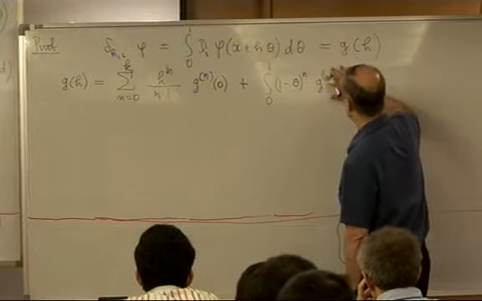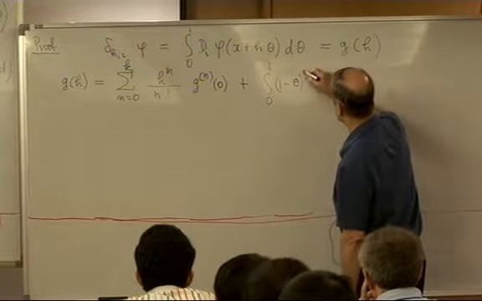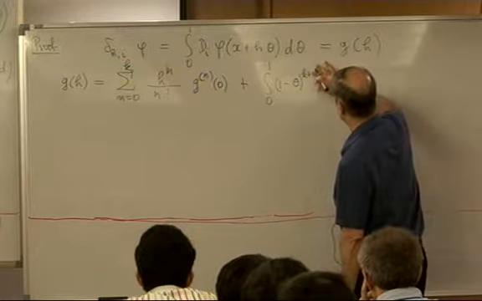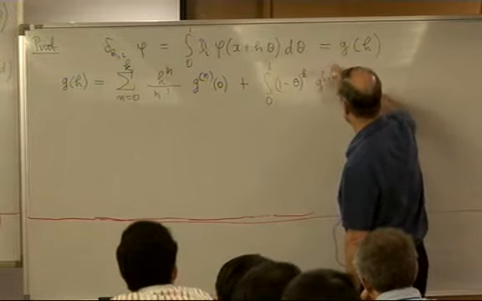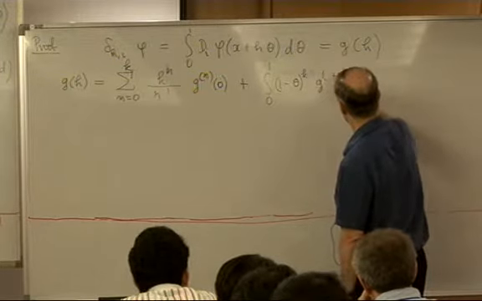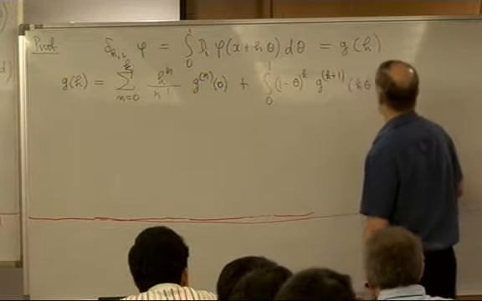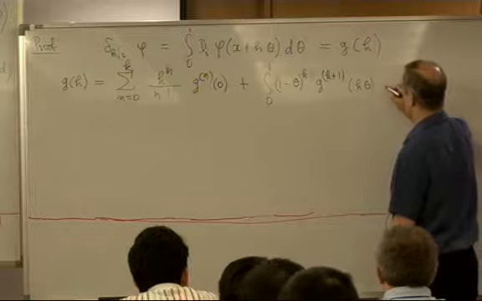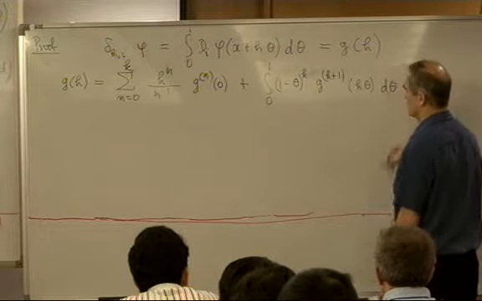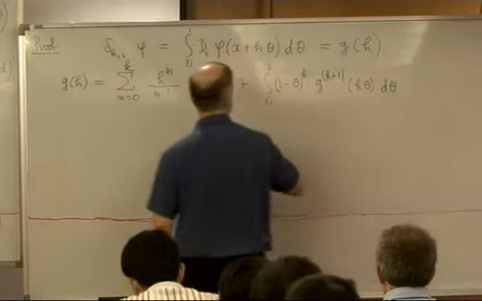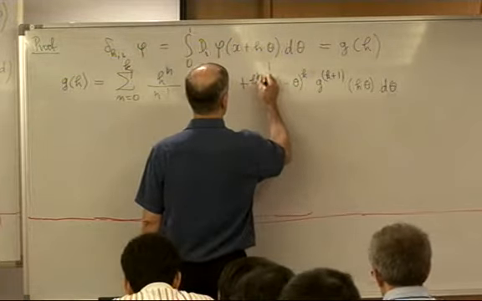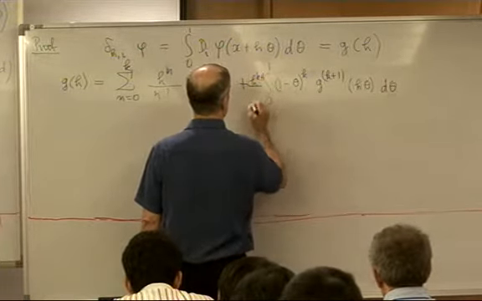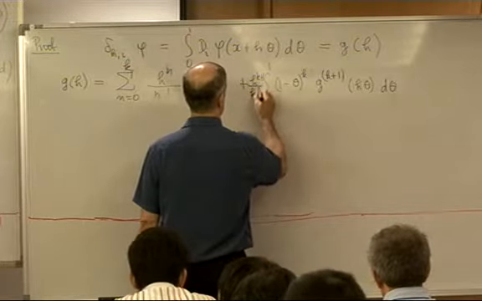Oops, I lost the k, sorry, here only k, here k plus 1, and here h to the k plus 1 over k factorial.